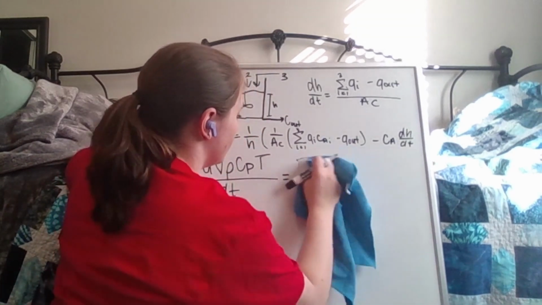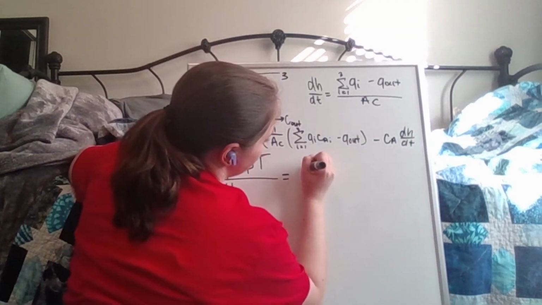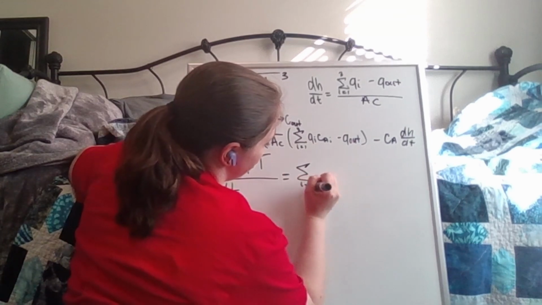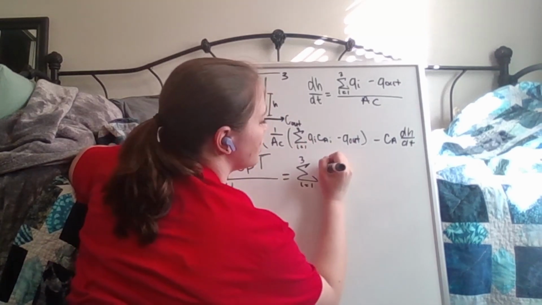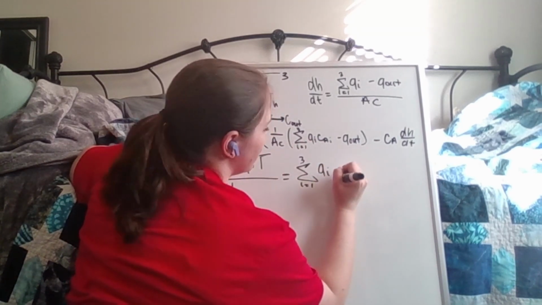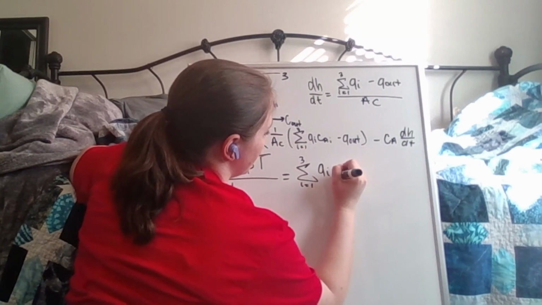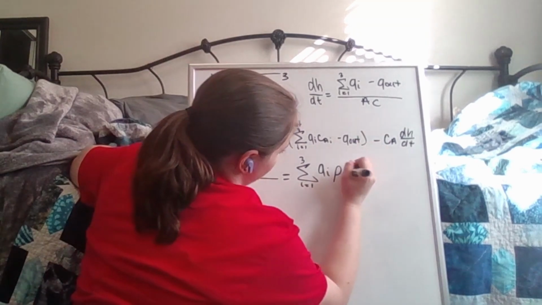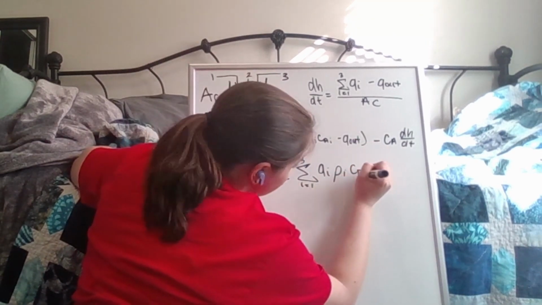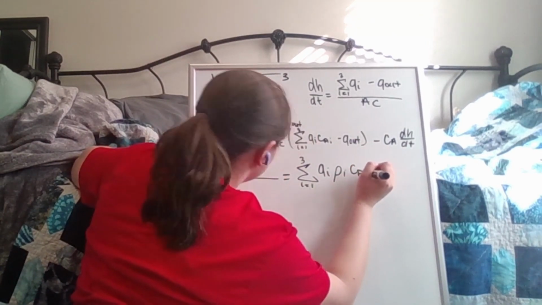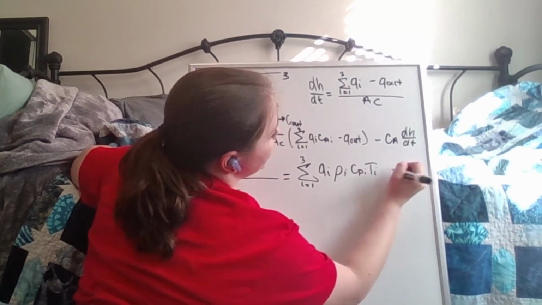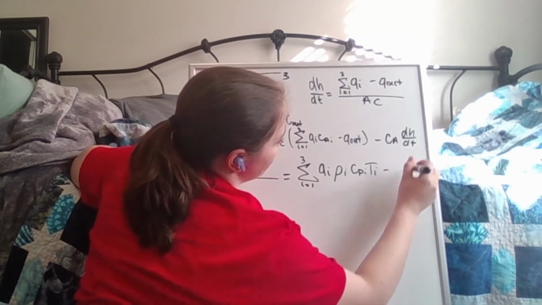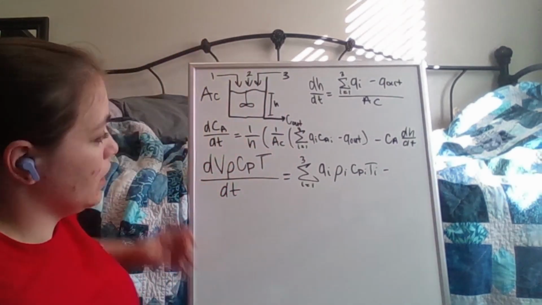Sorry, that was kind of messy. We have our summation, i equals 1 to 3, of Q_i, density of i, specific heat of i, T of i, minus everything else.